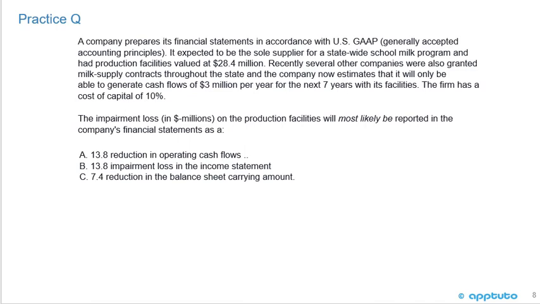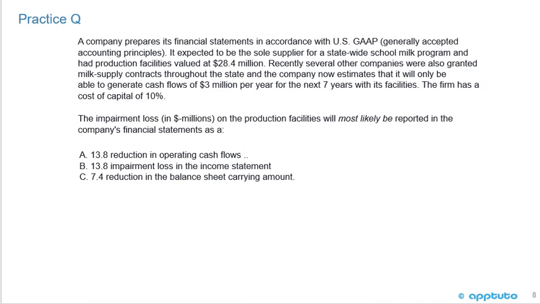So let's do another one here. Here's a practice question, and now the company prepares its financial statements in accordance with US GAAP, generally accepted accounting principles. It is expected to be the sole supplier for a statewide school milk program and had production facilities valued at $28.4 million.